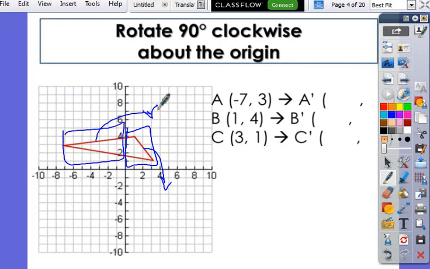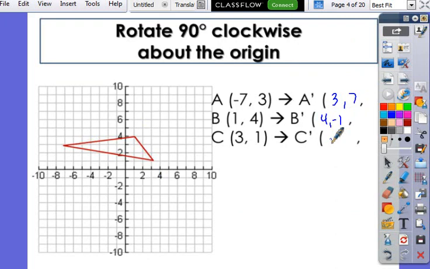Well, we just did the rule, so that was 3, negative 7, 4, negative 1, and then 1, negative 3. So let's see if that works. 3, 7 will be up here. 4, negative 1 is down there. 1, negative 3 is down here. And there's our new figure.